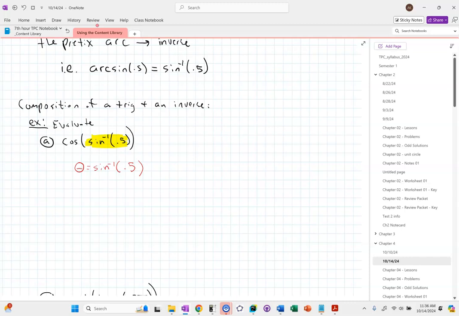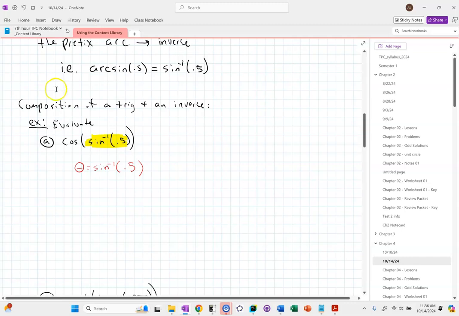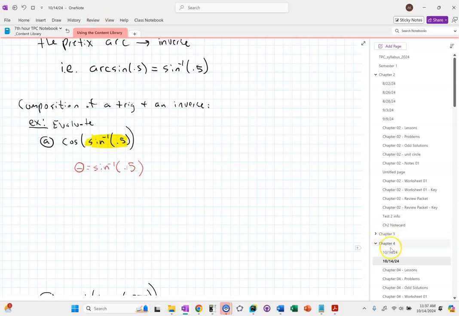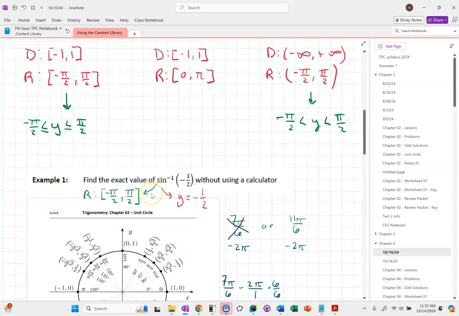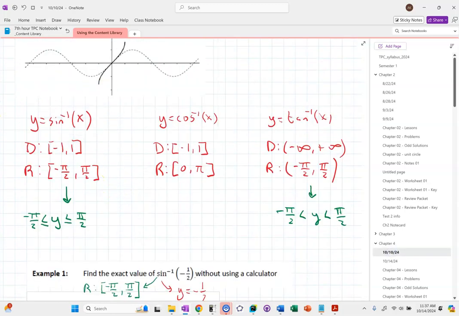Like in worksheets 1 and 2, I had some thetas between pi over 2 and 3 pi over 2 or something. What do I do if I'm not given a range of values? Well, then I have to use the fundamental range for my inverse trig functions. So that's these guys right here.